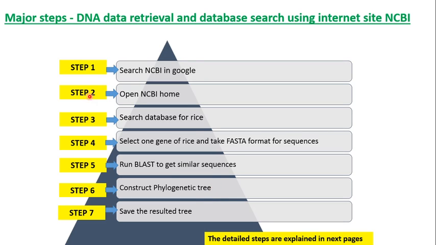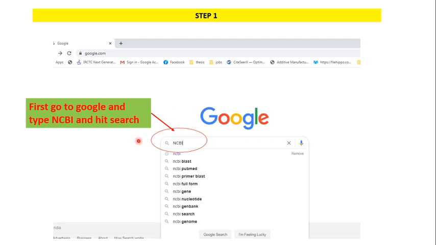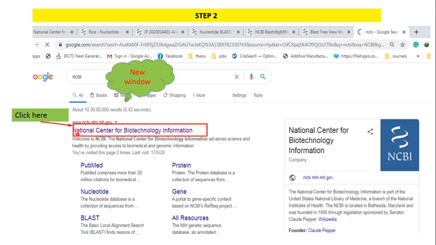First, for step one, we go to Google and type NCBI, so you can see it like that. After that, in the next step you open the National Center for Biotechnology Information. Click on it and you see a window like this.